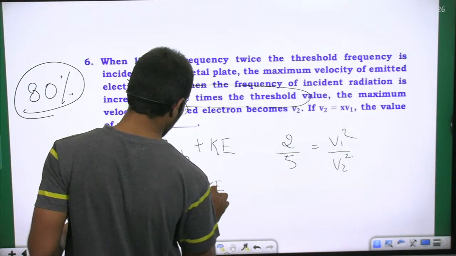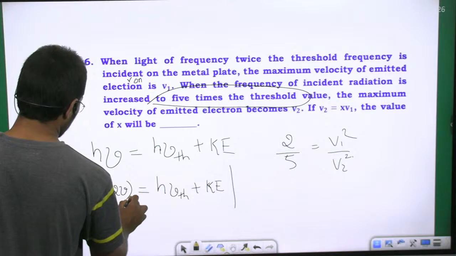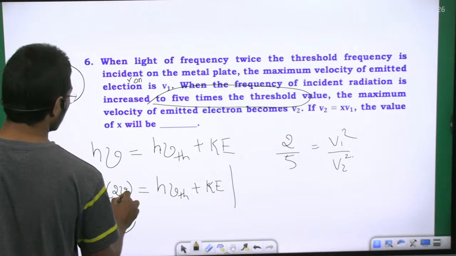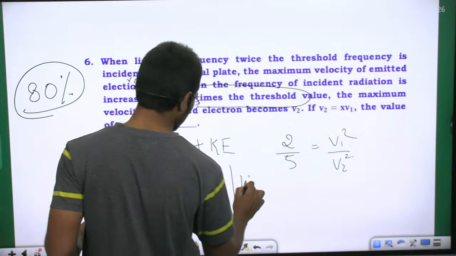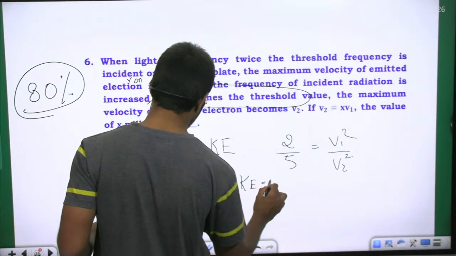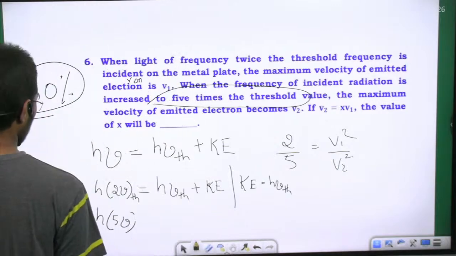So what do we get here? K is equal to, twice the threshold, okay? So K is equal to hν threshold.